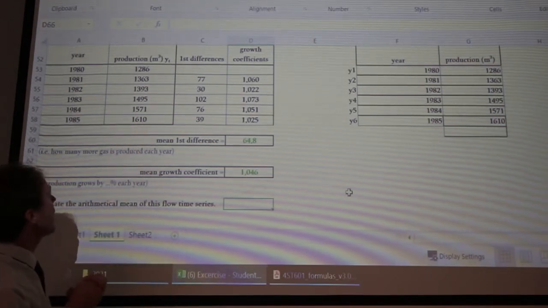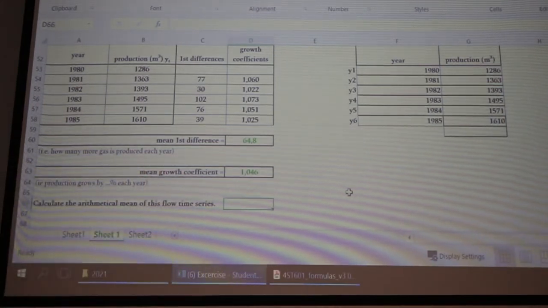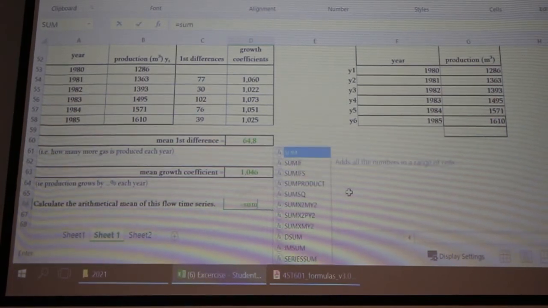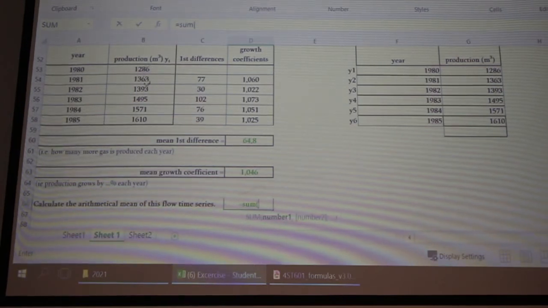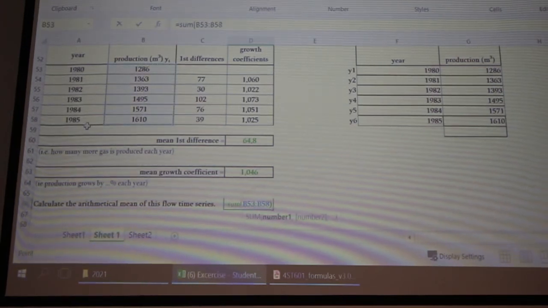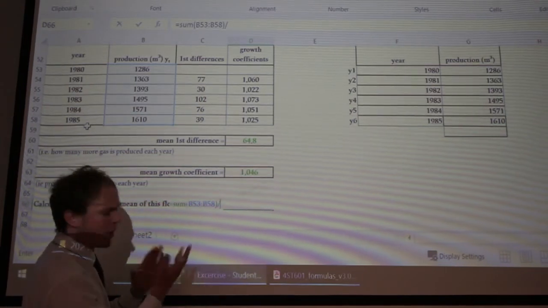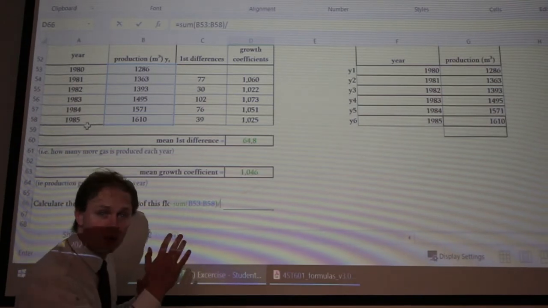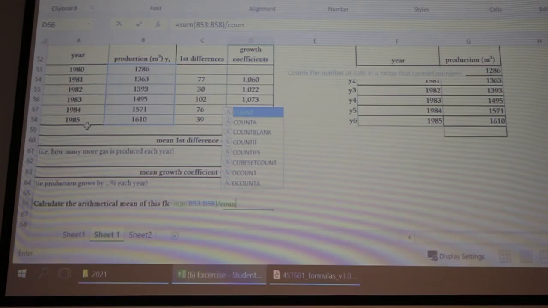In our situation, we have 6 observations, so please type an equals sign and the sum of the numbers in the range of cells, divided by 6, or we can use the function count.